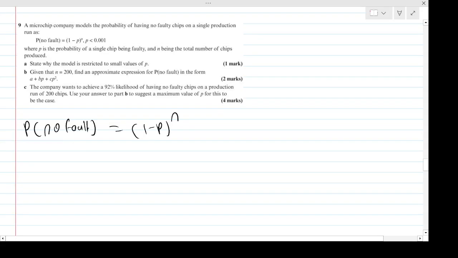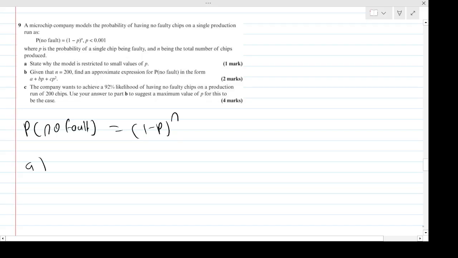If you haven't looked at stats yet, when you look at all the probability part of it, you'll see that notation there. But for now, this P means probability of. So it's saying the probability there's no fault is this expression here, 1 minus p to the n. Right. So p is the probability of a single chip being faulty, and n being the total number of chips.